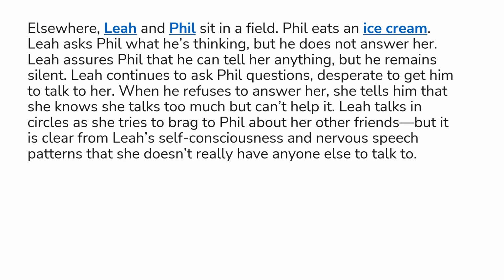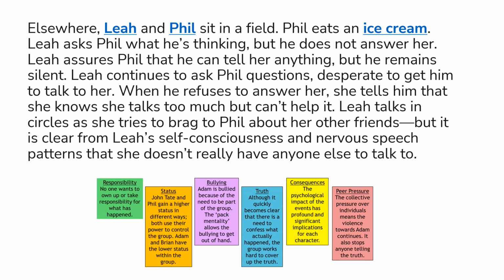Okay. Section 2 then, and a reminder of our key themes. Elsewhere, Leah and Phil sit in a field. Phil eats an ice cream. Leah asks Phil what he's thinking, but he does not answer her. Leah assures Phil that he can tell her anything, but he remains silent.